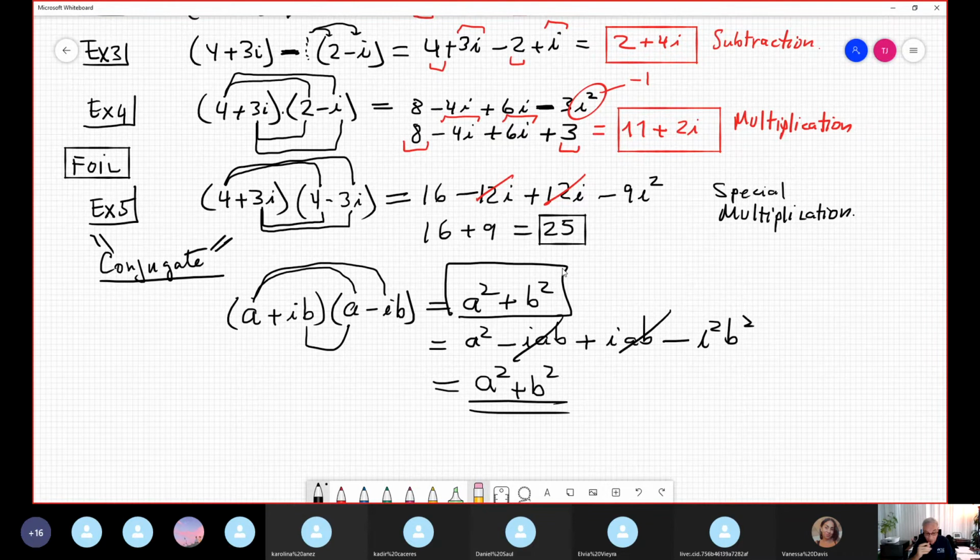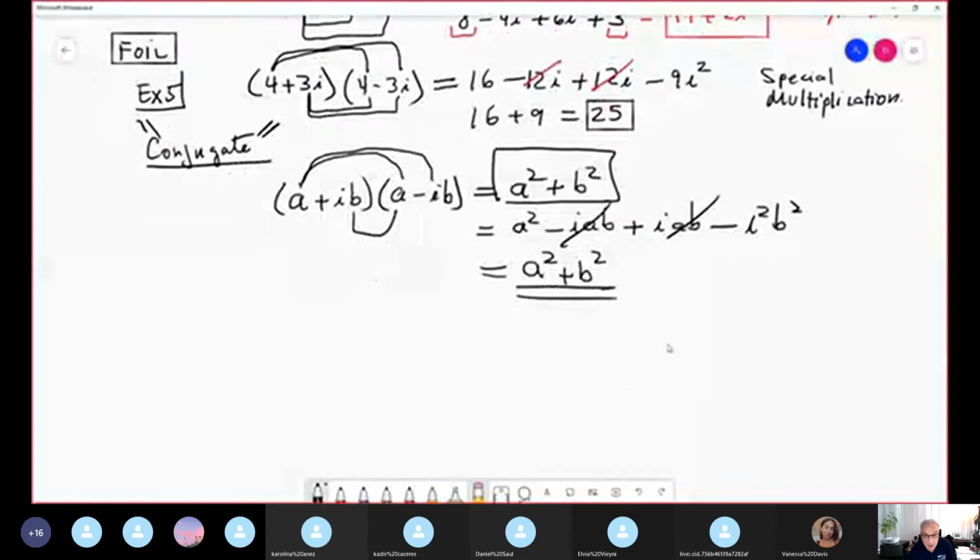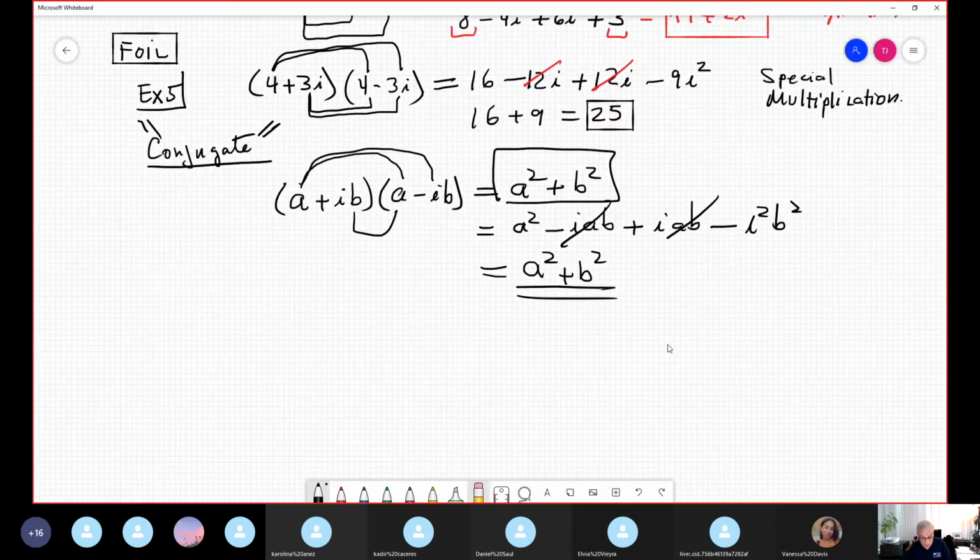For example, let's do an example of this with conjugates. Example 6. Suppose I multiply 1 minus 3i times 1 plus 3i.